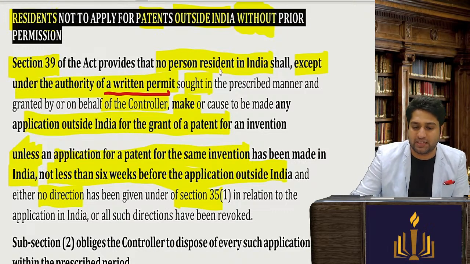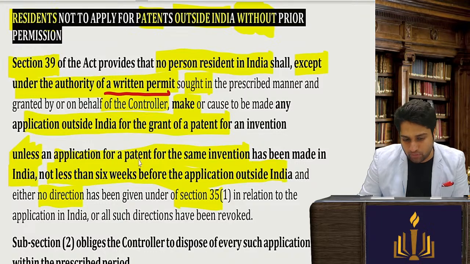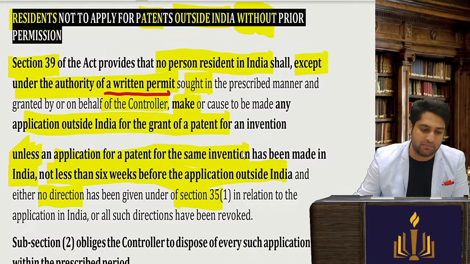Okay, so no person resident in India shall, except with this consent, make a foreign application for patents outside India, unless an application for patent for the same invention has been made in India.